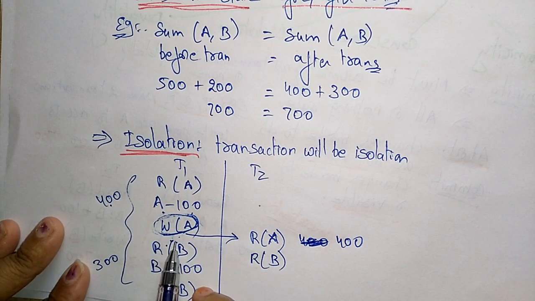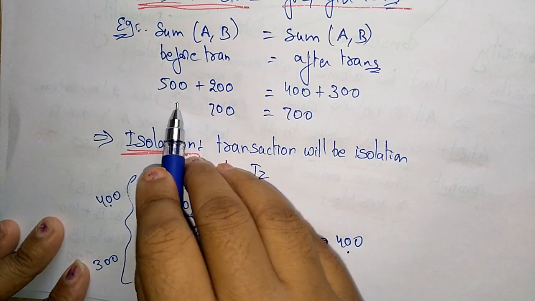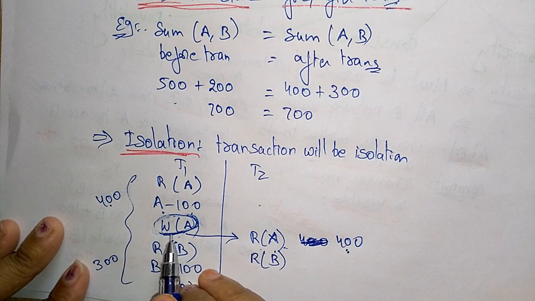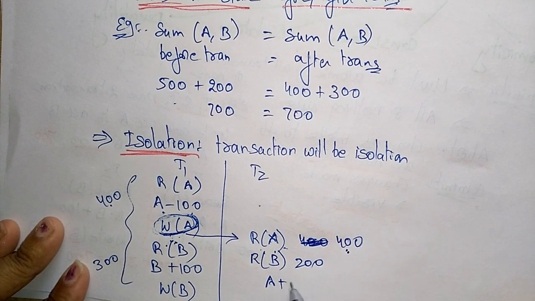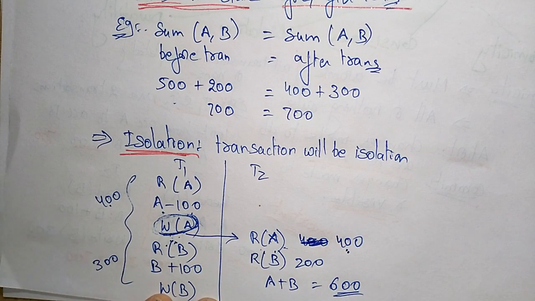So read A only reads 400, not 500. It doesn't read the previous value. After the commit, it reads the committed value. So 400, and the B value is 200. So A plus B here is 600. Did you find the difference here?